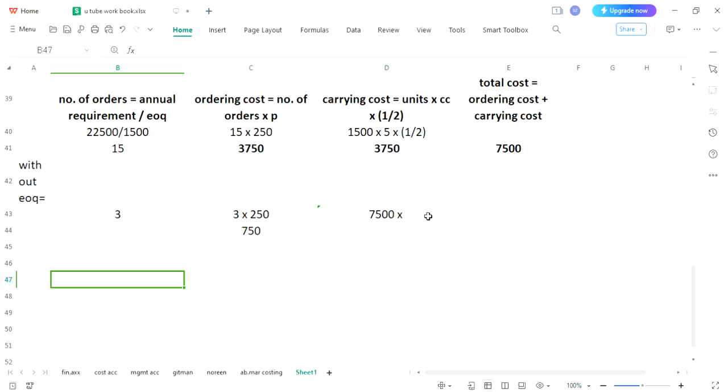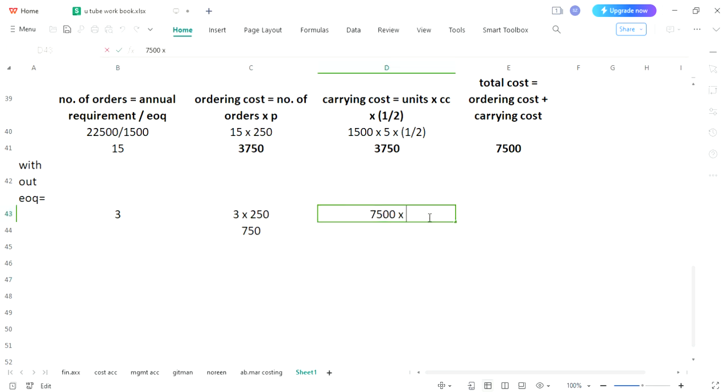Come over here and put 5, and then again you need to multiply it with 1 over 2, which is part of our formula. 1 divided by 2, bracket close. Statement is completed. Now let's calculate it. 7500 multiplied by 5, again multiplied by 1 over 2. 1 over 2 means 0.5, or you can directly write 1 over 2 as well. Both are correct. Previously we have written 0.5. 1 divided by 2 is equal to 0.5.